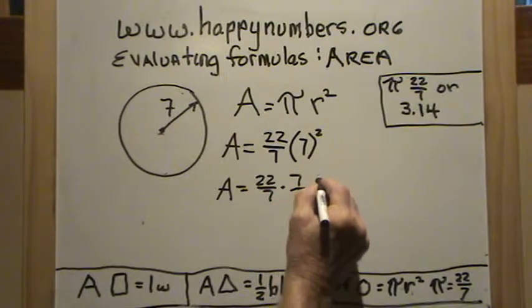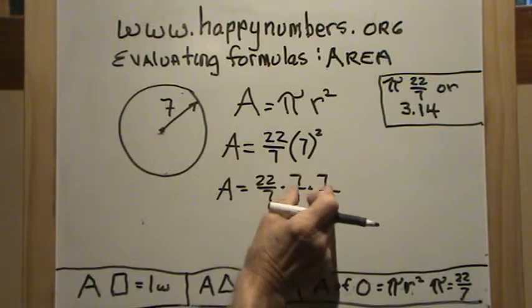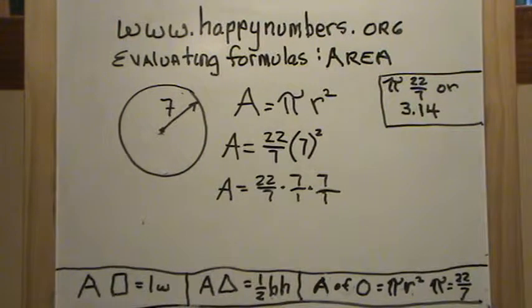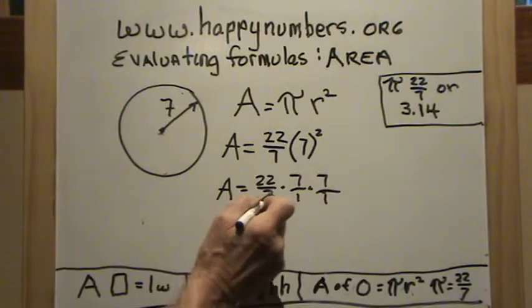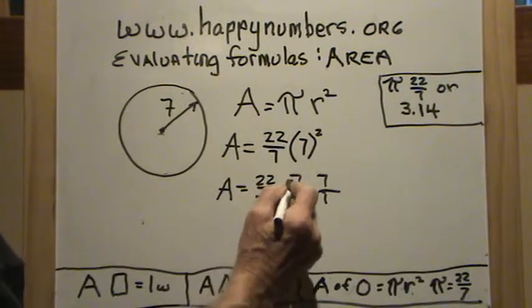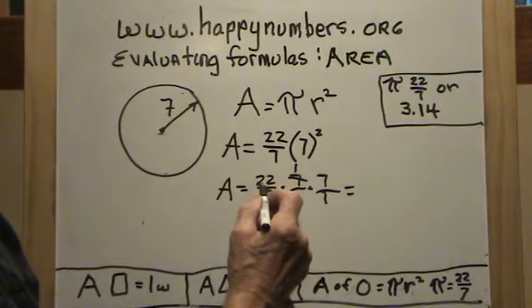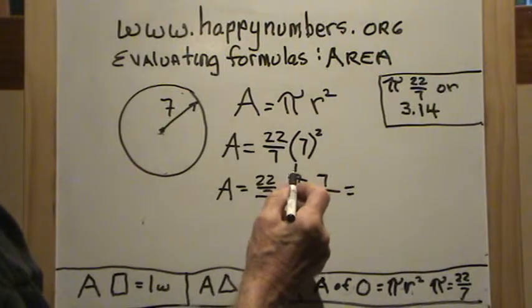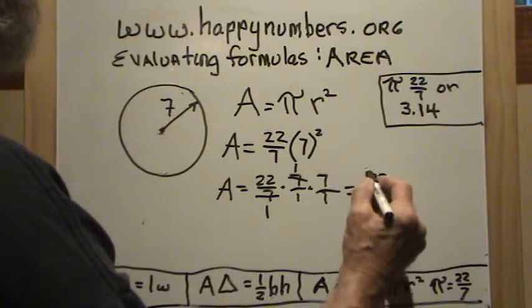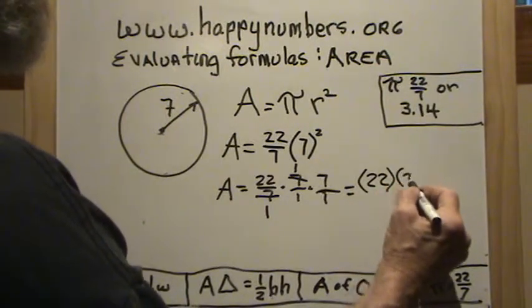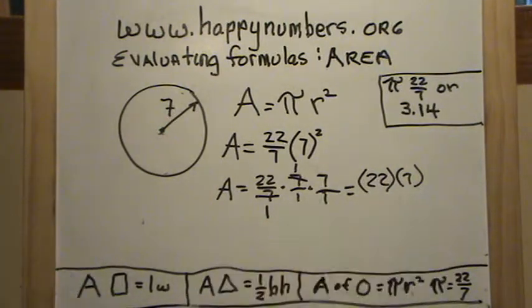We can times 7 over 1, because this would be 7 to the second power, or 7 squared. Well, now we're just multiplying a fraction. We know we can say 7 goes into 7 one time and 7 goes into 7 one time. So now I have 22 times 1, which is 22, and then 22 times 7, and 1 times 1 is 1, so we don't even have to put it there.